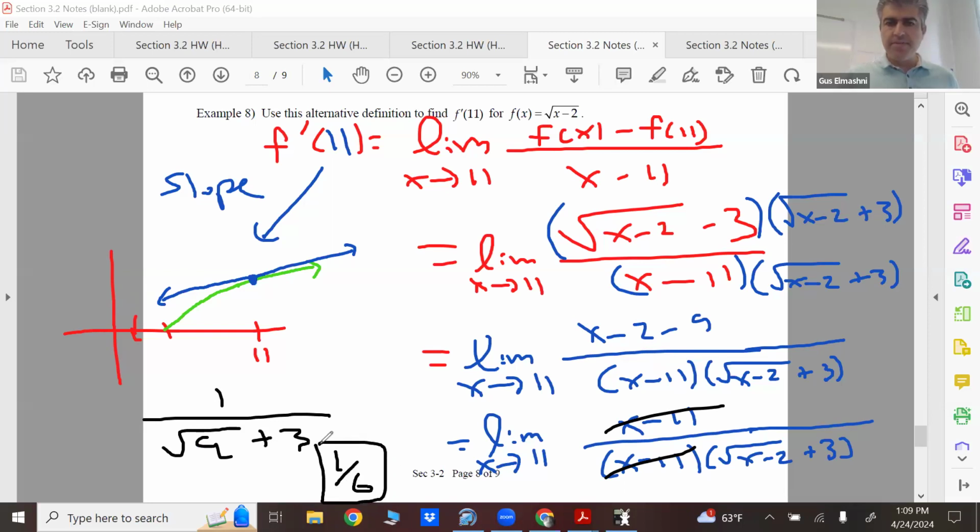You get 1/6. Which makes sense. Looks like it's 1/6. So we're good.